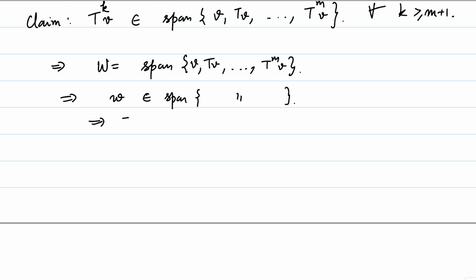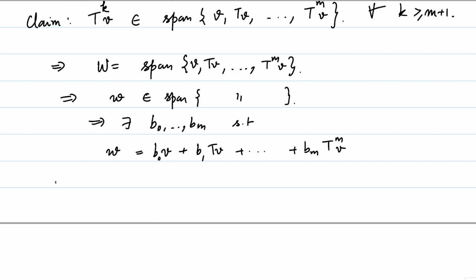Which implies that there exist B1, in this case let me now use B1 so that there is no confusion, B1 to Bm such that W is equal to, let me use B0, B0 V plus B1 TV plus up to Bm T to the power m V. Now define G of t to be equal to B0 plus B1 t plus up to Bm t to the power m.